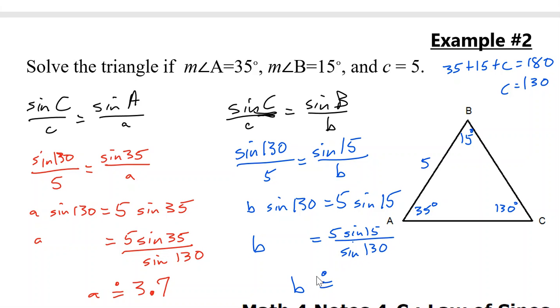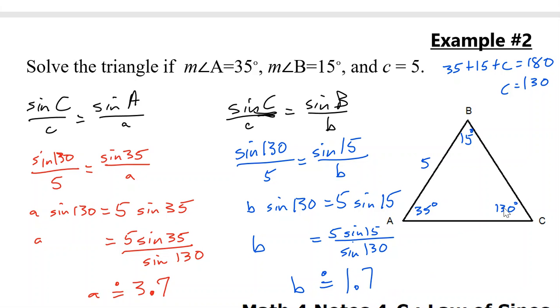Let's see, 5 sine 15. And that gets me a decimal. My calculator is not behaving well. All right, 5 sine 15 decimal, and then divide by sine 130. And that gives me 1.689. I'll call it about 1.7.